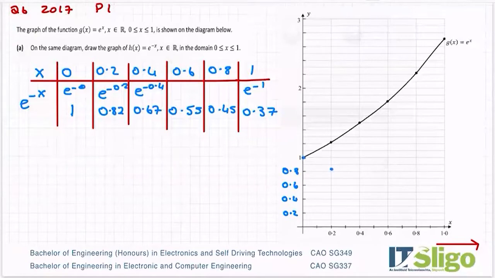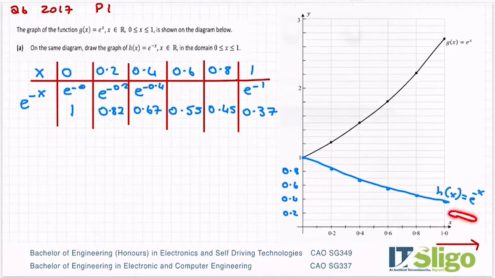And of course, I'm starting there. 0.67 is close enough to 0.7, which is halfway, so somewhere up there. 0.55, 0.45, 0.37. So this is h of x equal to e to the minus x.